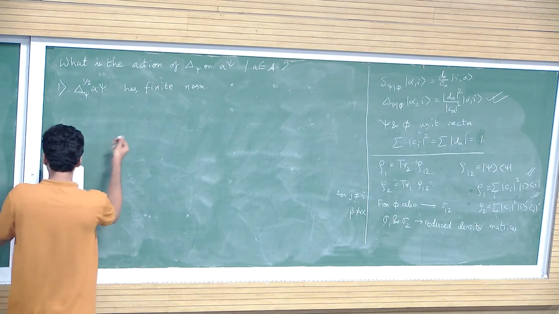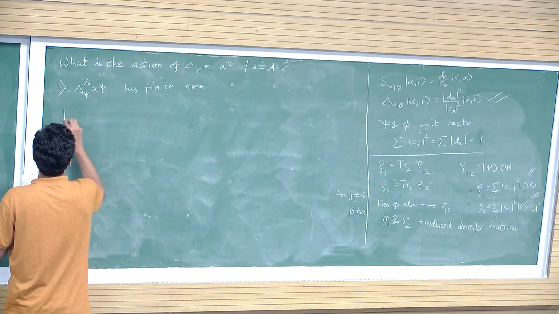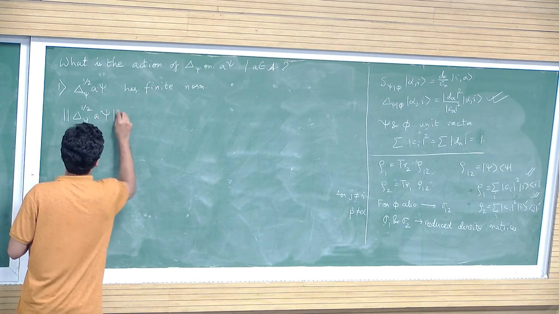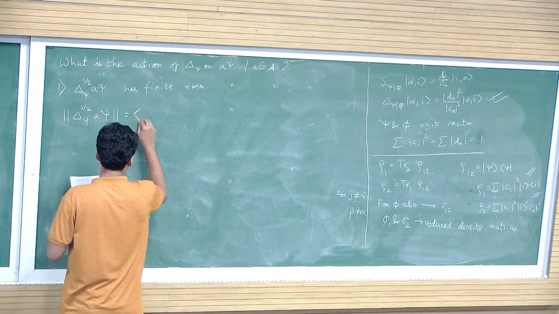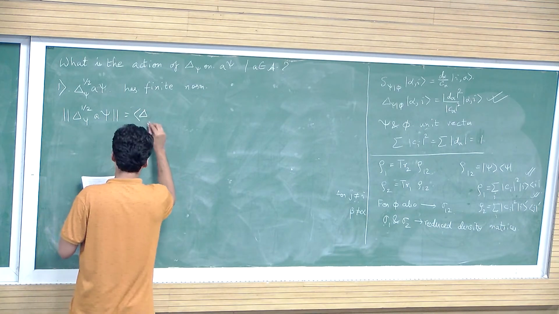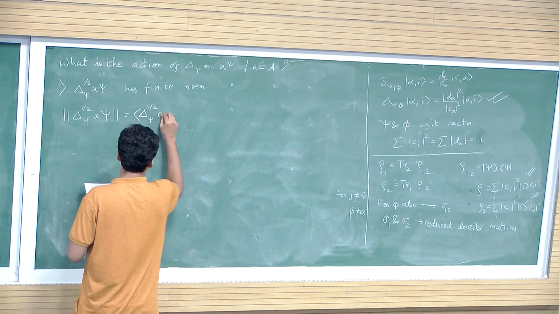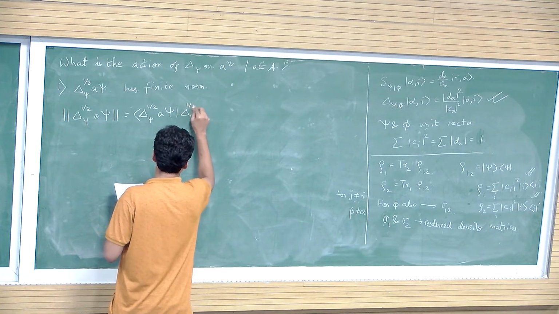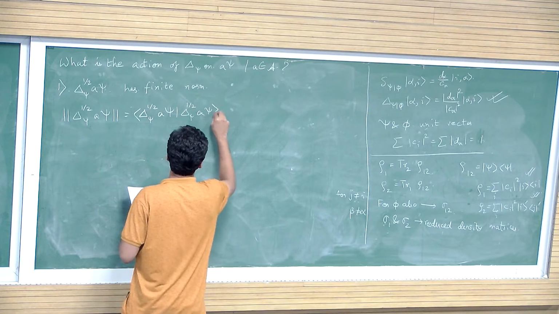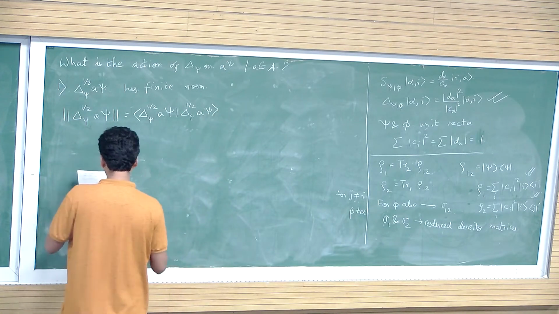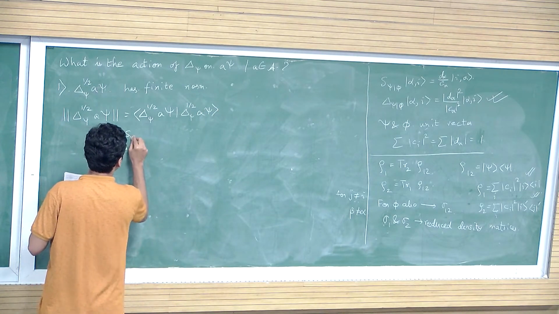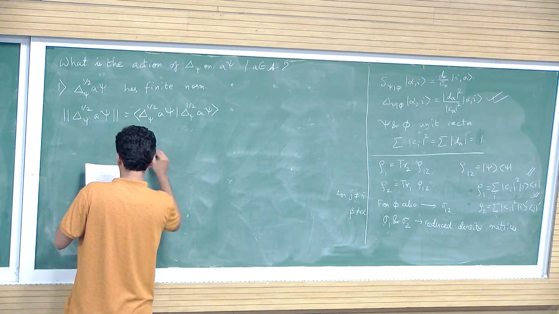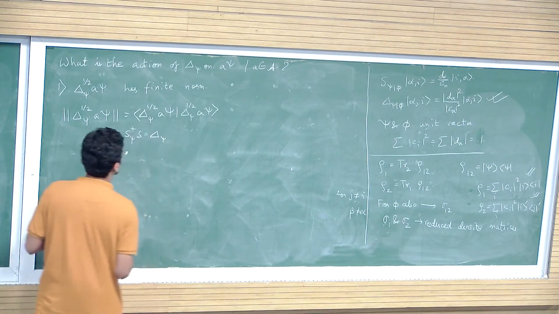So the way to go about this is, you need this relationship along with the fact that psi dagger S is delta.